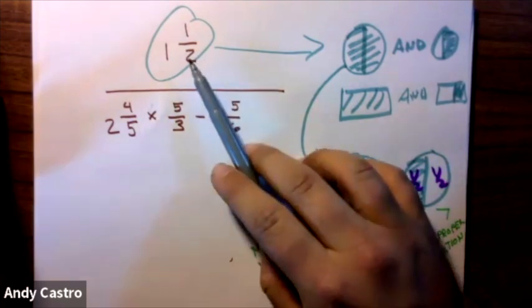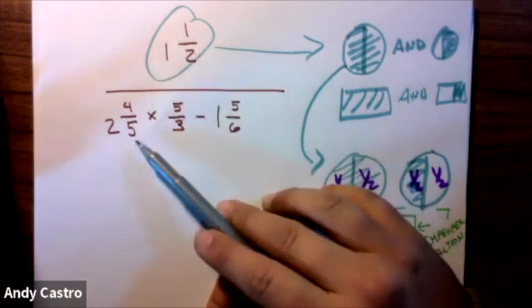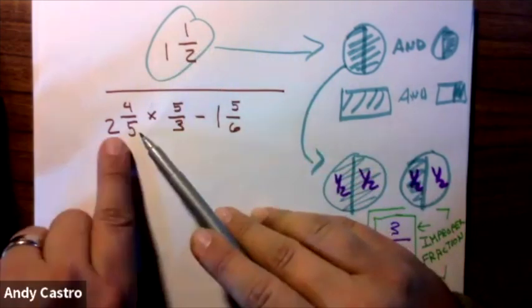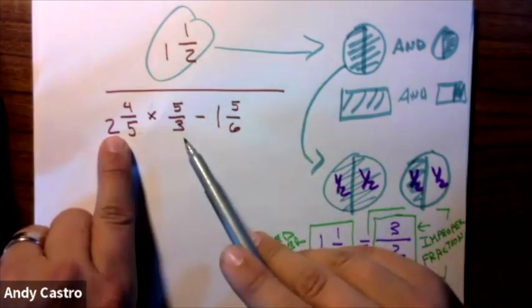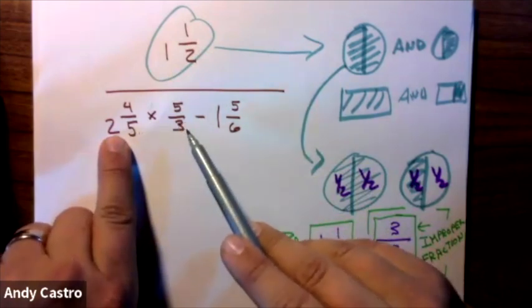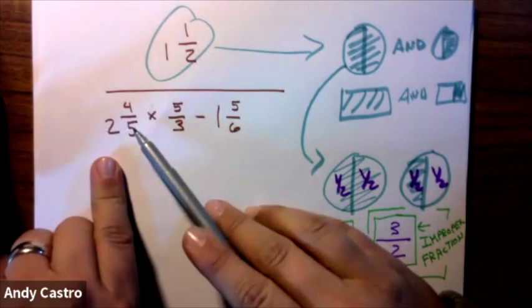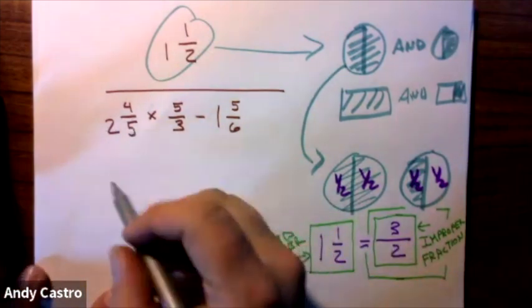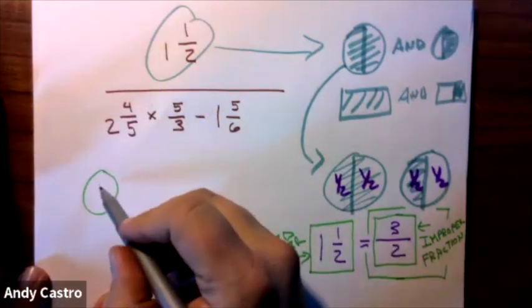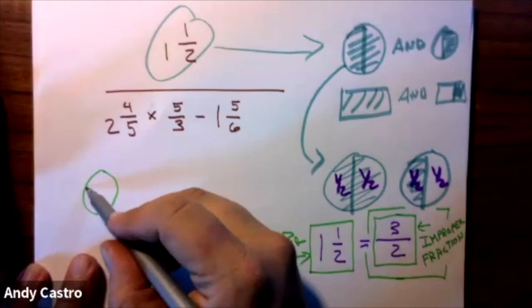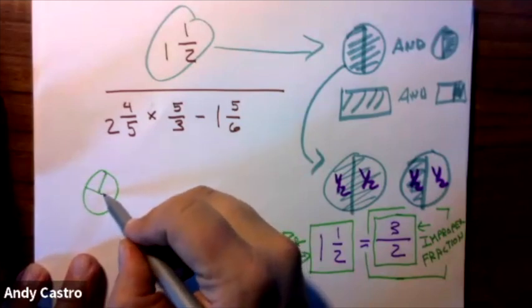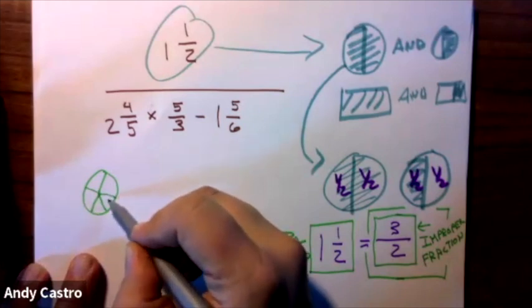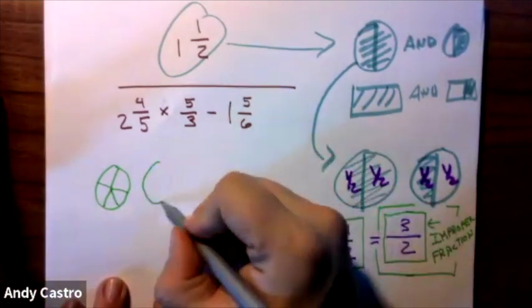Do I need to draw out, actually, this one right here is in improper fraction form already. I just noticed that. But if we look at this one, do I have to actually draw 4/5? Okay, so if I do a circle and I'm going to do fifths, so that's going to look something like 1, 2, 3, 4, 5, right? So I'm going to have 2 of those.